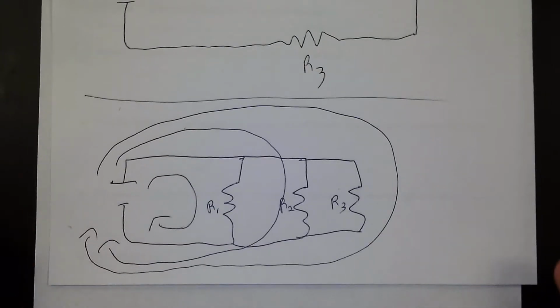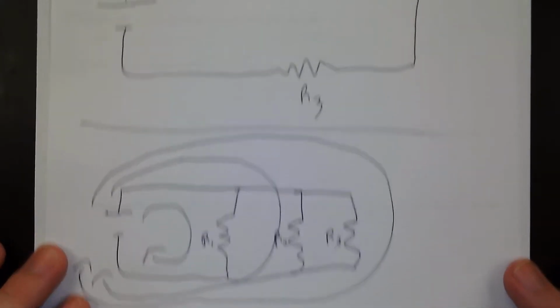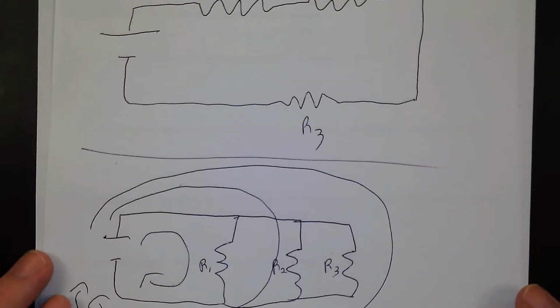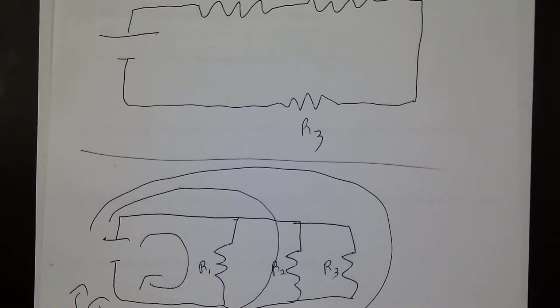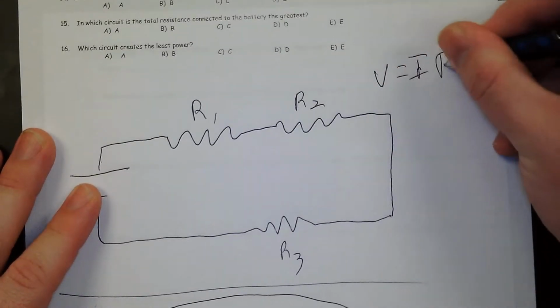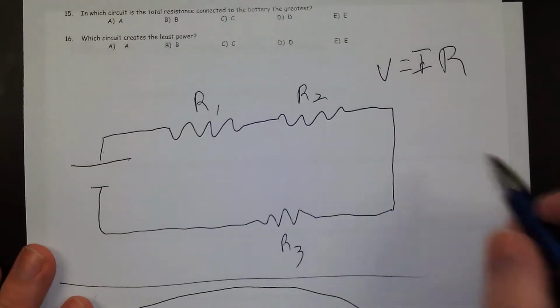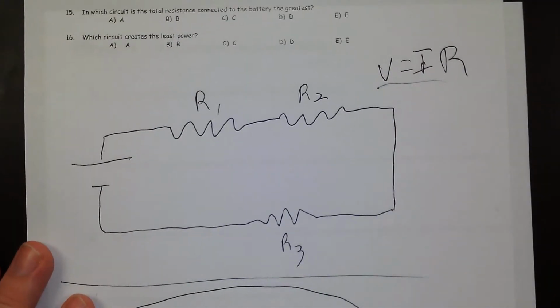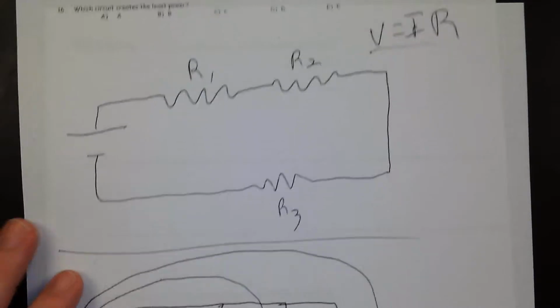It's important to remember how to distinguish between these two types of circuits. There's a couple of general rules you need to keep in mind. In short, it's how the different parts of Ohm's law, which is V equals IR, how do each of these variables change depending on the circuit?